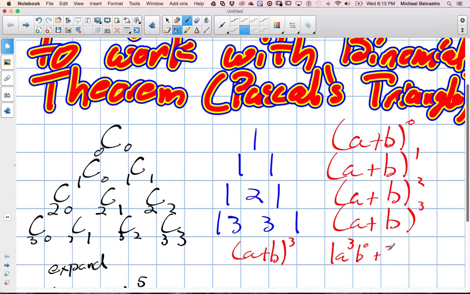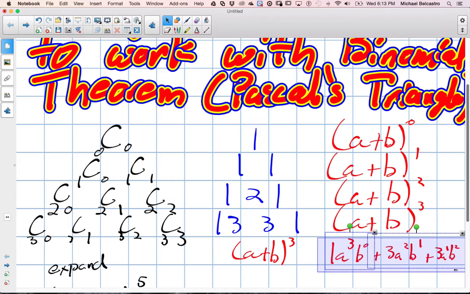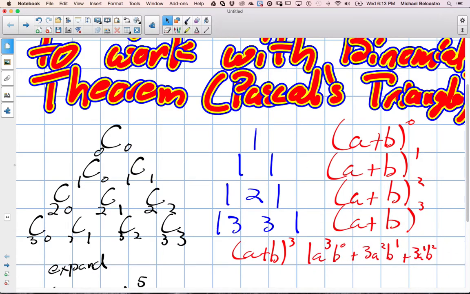The next number would be 3a2b1. The next one would be 3a1b2, and I can squeeze the last one in. The last one would be 1a0b3, and again the b0 and the a0 you don't need to include because they're just the number 1.